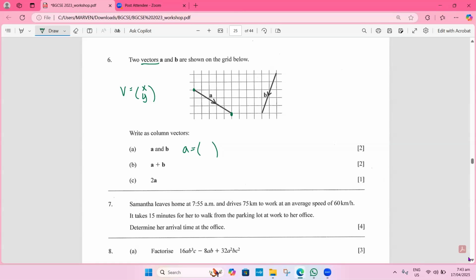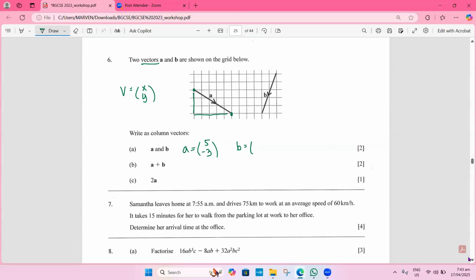So the horizontal, we're gonna connect the two endpoints like that. Count the number of boxes, 1, 2, 3, 4, 5. So it is 5 in x. And then 1, 2, 3. The direction is going down, so the vertical or the y coordinate is -3. So that is vector A, 5, -3.